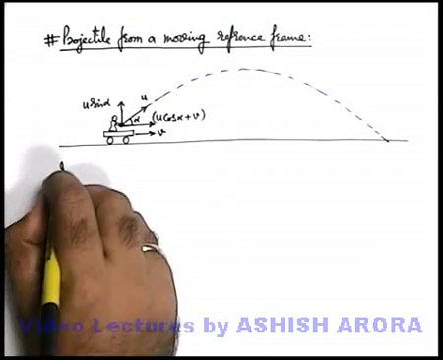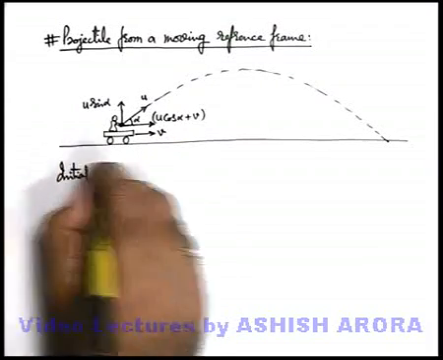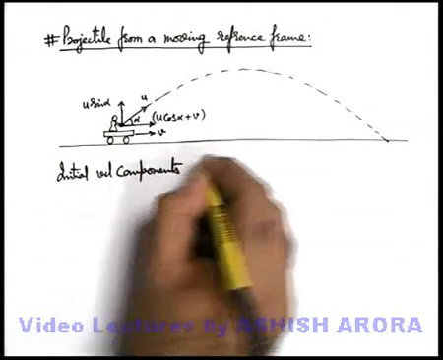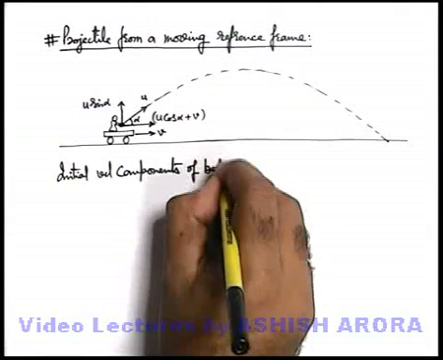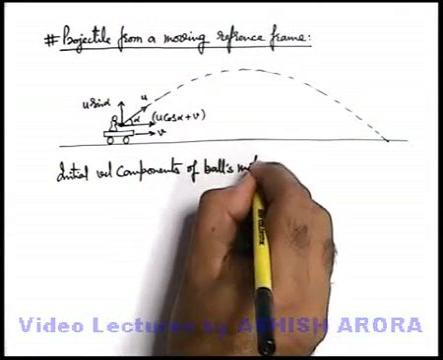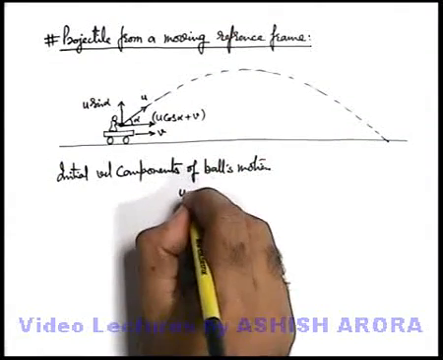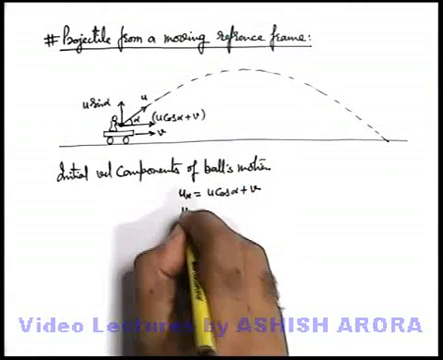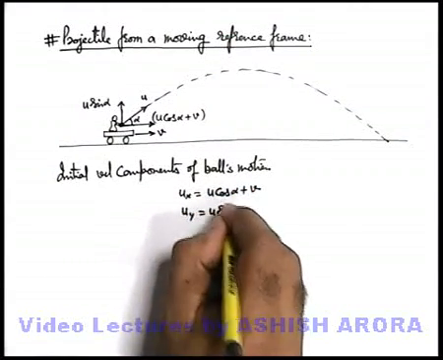So the initial velocity components of the ball's motion are, in the x direction, u cos alpha plus v, and in the y direction, u sin alpha.